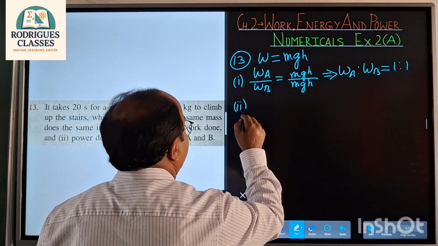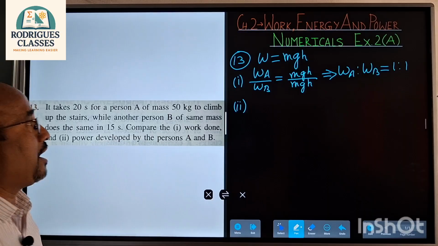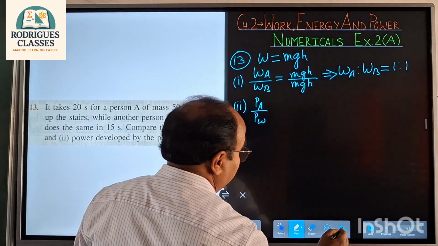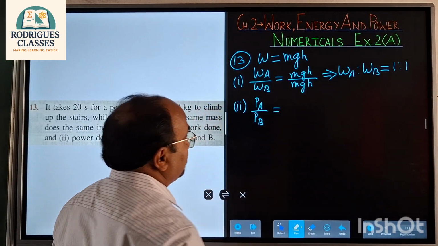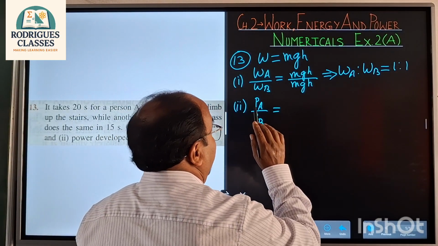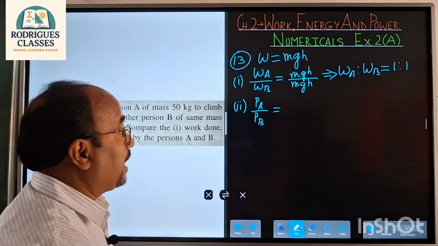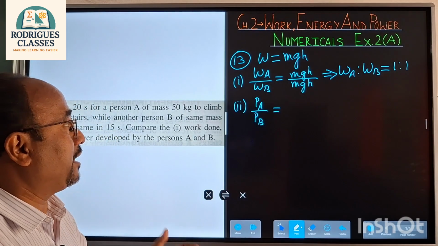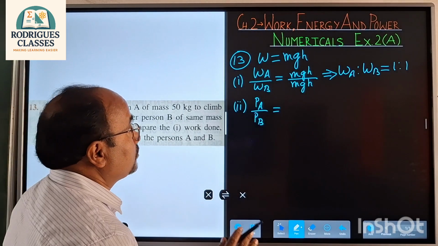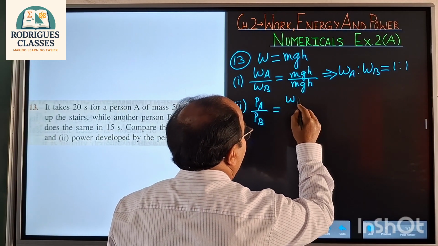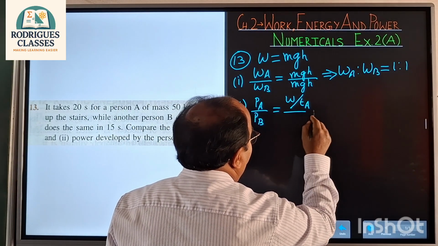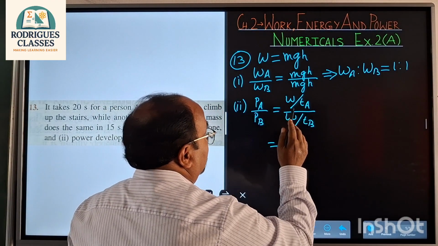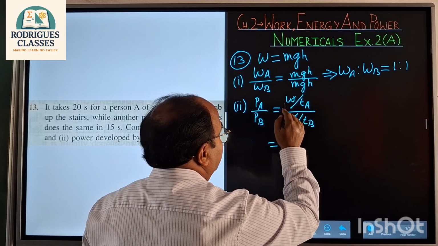Now the second part is the power, compare their power. So I will write here PA by PB, that is the power of person A to the person B. I have to divide the work done by person A by the time taken by that person, and the work done by person B by the time taken by that person. The work done is the same, so I can represent it for both of them as W by time taken by A, W by time taken by B. Now W is the same, so it cancels.